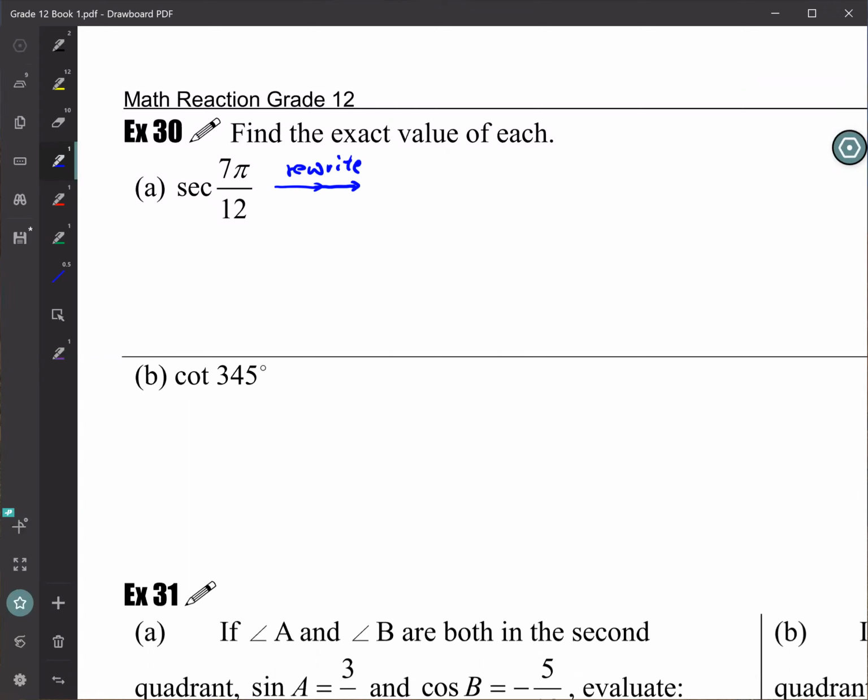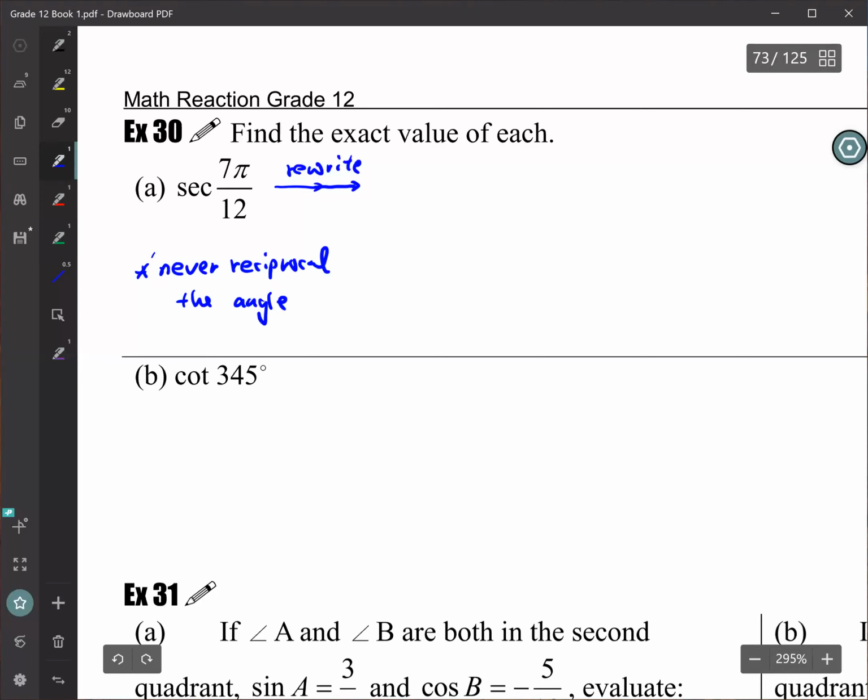7 pi over 12. Okay, so remember, you do not need to flip the angle. Never. You can write it on the side. We wrote this before. Just one more time: never reciprocal the angle.